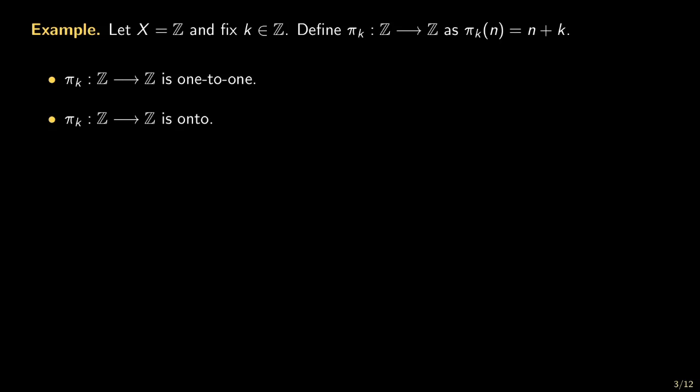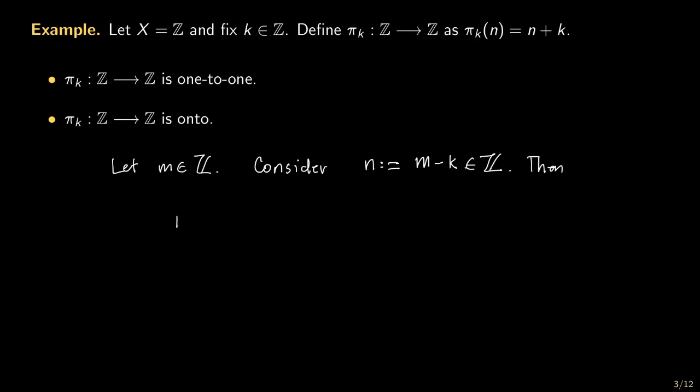Secondly, we can also prove that pi k is onto, because if you get any integer m, we could always consider the integer n, namely m minus k. So n is taken from m by subtracting k, and this is also an integer.